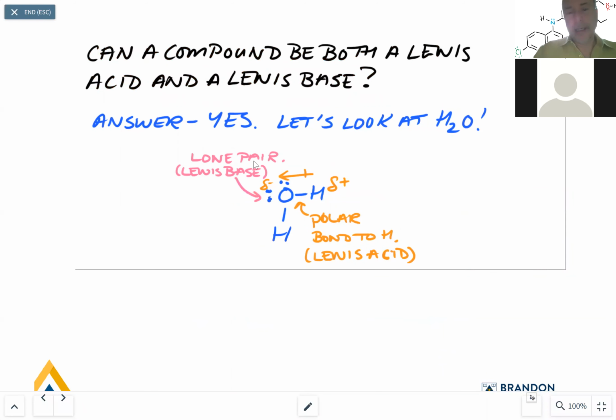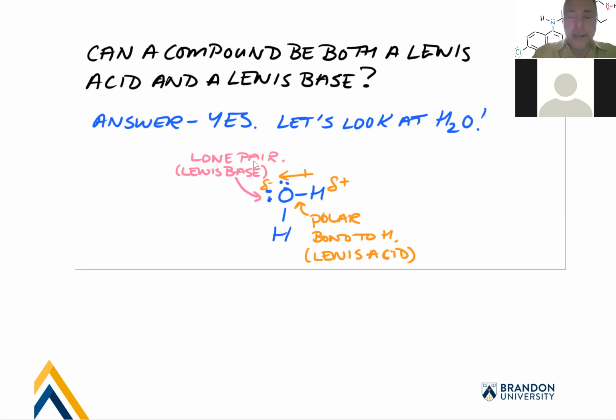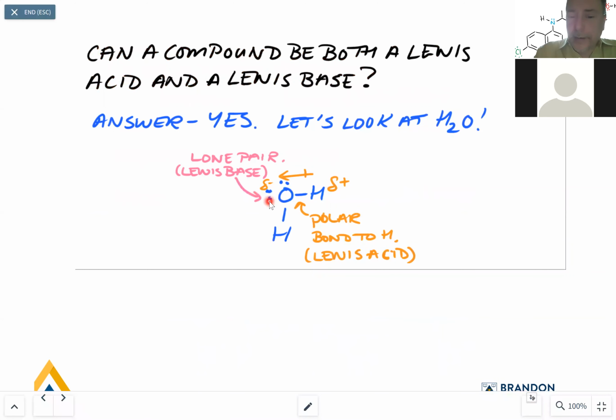Can a substance be both a Lewis acid and a Lewis base? And the answer is absolutely yes. If we look at water, and water is the best example, it depends what water is reacting with.